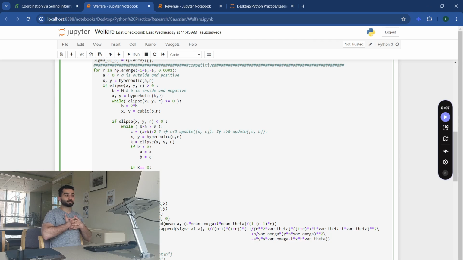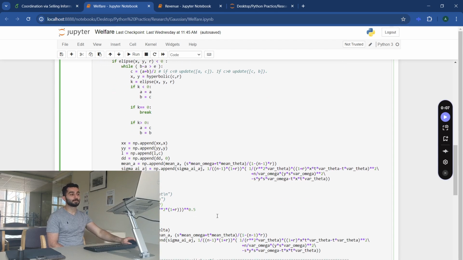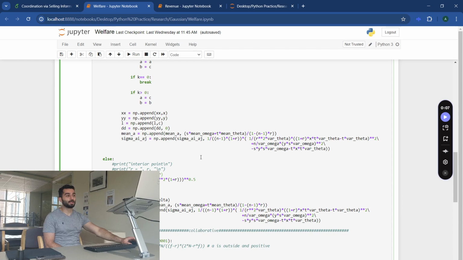So when lambda is not 0, definitely the delta will not be 0. Exactly. And this is the value for sigma aj.